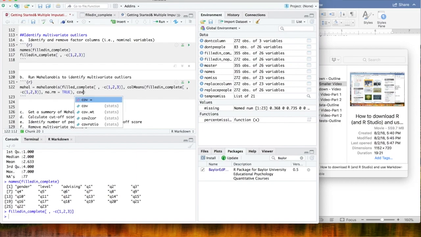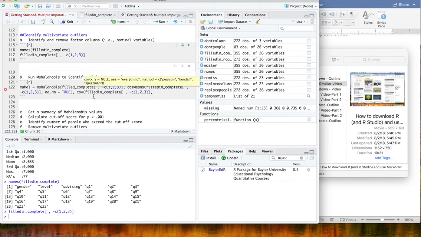The covariance function. Again, similarly, we just copy and paste this. filled_in_complete, and we'll remove columns 1, 2, and 3 by once.